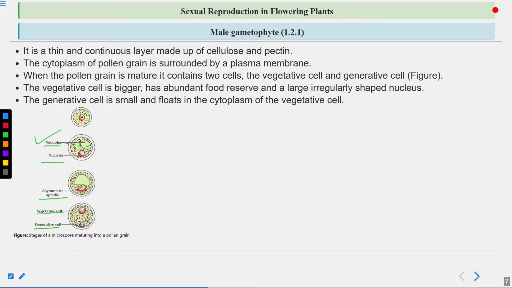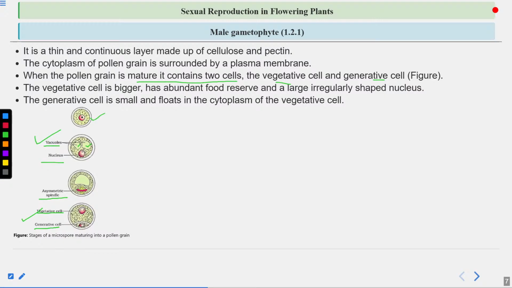It can float in the cytoplasm of the vegetative cell, and its nucleus is also very, very small. So this is the mature pollen grain, containing the two cells, one generative and one vegetative.